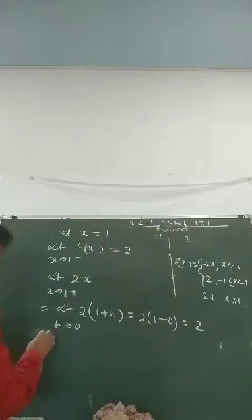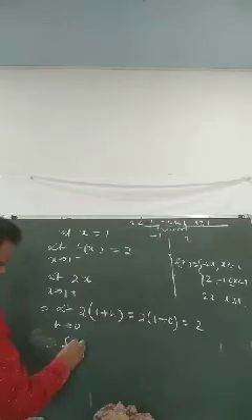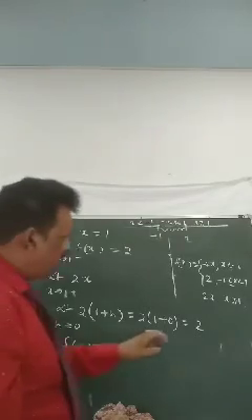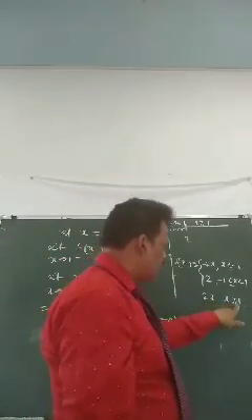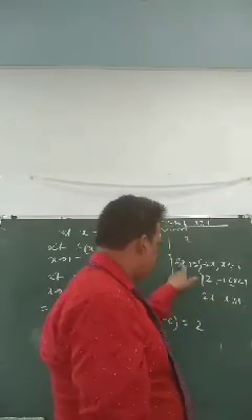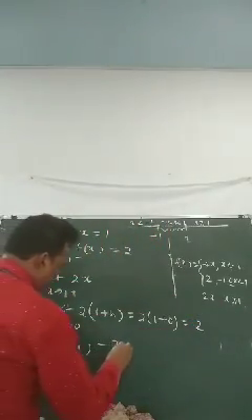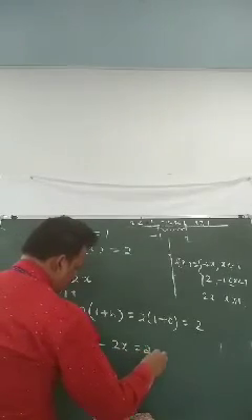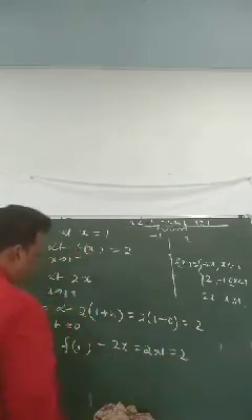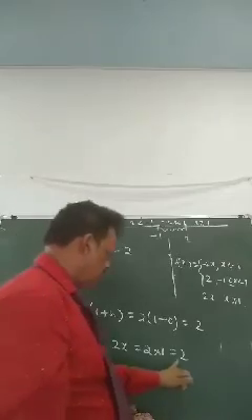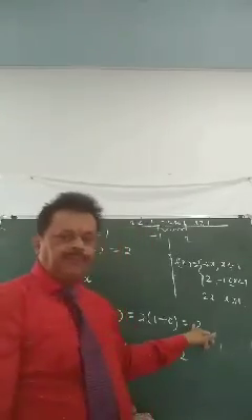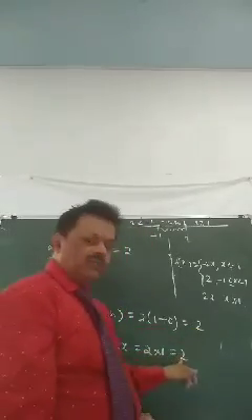Now the functional value f of 1 means you will put x as 1, equality is here, so f(x) you will put here, that is 2x, which is 2 into 1, that is 2. Limiting value is 2, functional value is also 2.